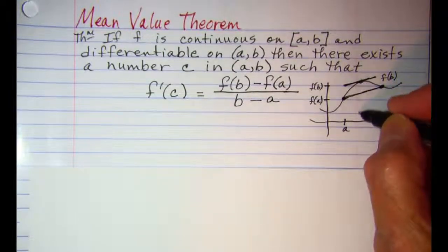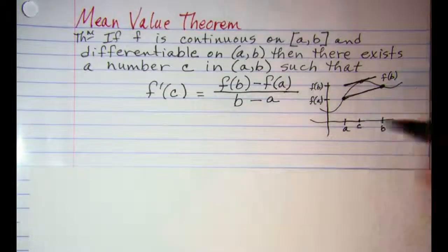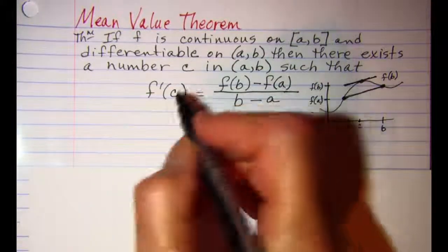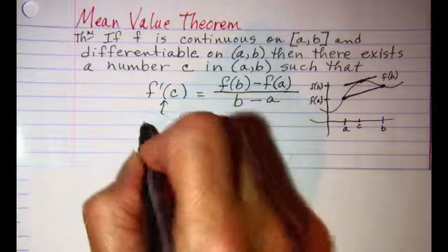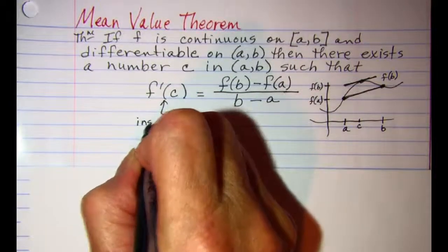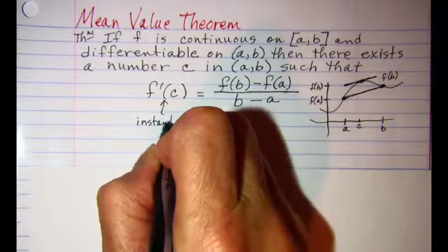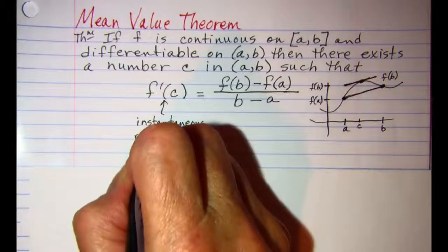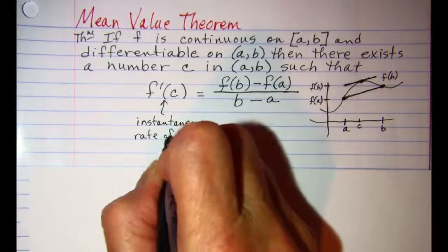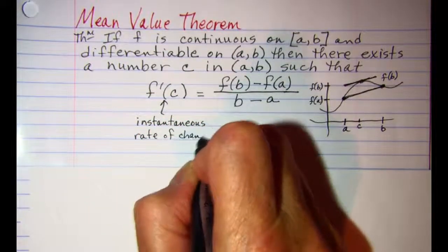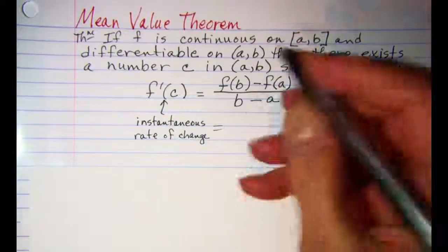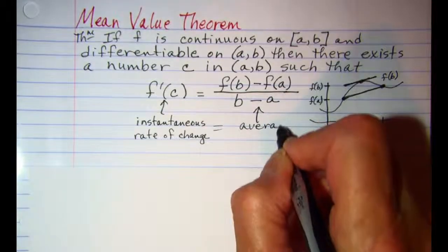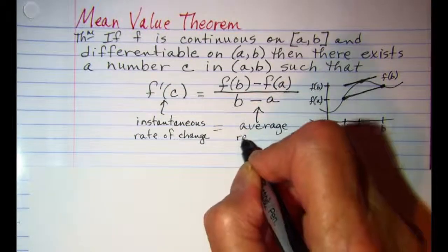It guarantees that there'll be a point c here in the interval. It also implies that the instantaneous rate of change is equal to the average rate of change.